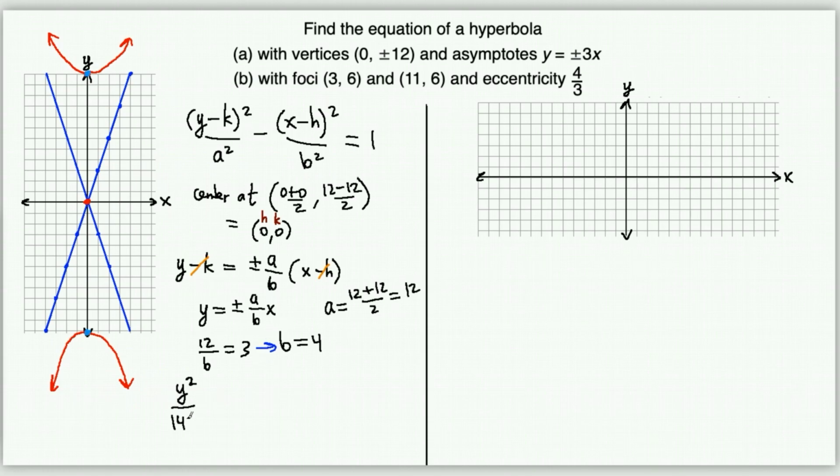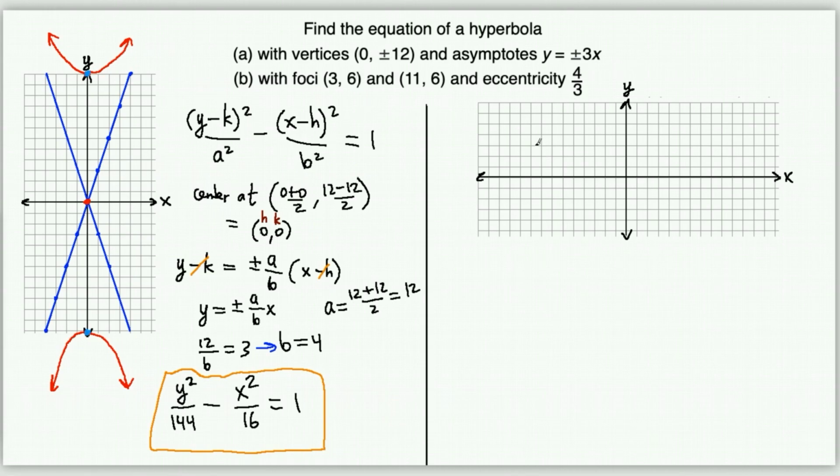So a squared is 144 minus x, and again h is 0, so x minus 0 is still x, right? So x squared, we don't need the minus h, divided by b squared. B was 4, so 4 squared is 16 is equal to 1. Bingo. We found the equation of this hyperbola successfully using the vertices and the asymptotes.